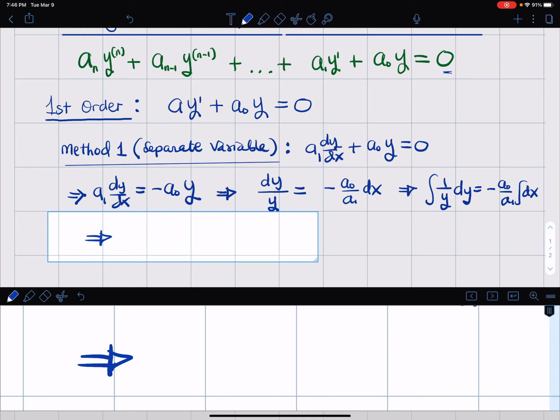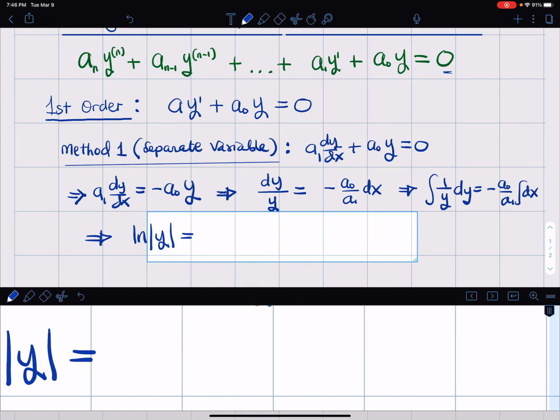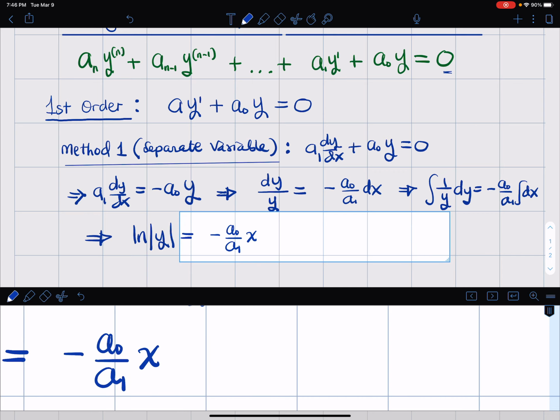Okay, so this will end up with natural log of y is equal to negative a0 over a1 x, plus some constant c.